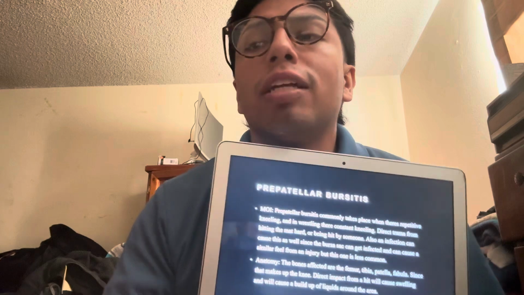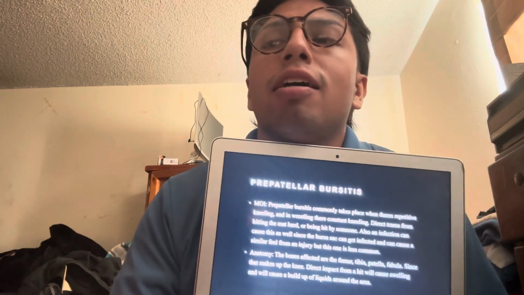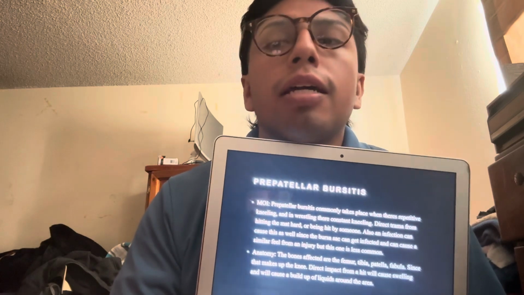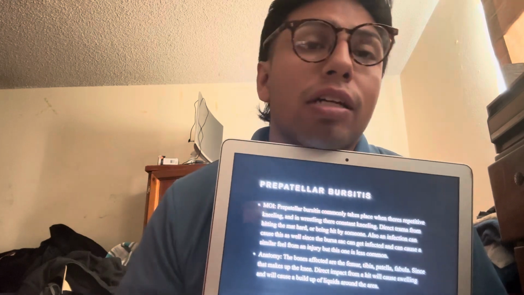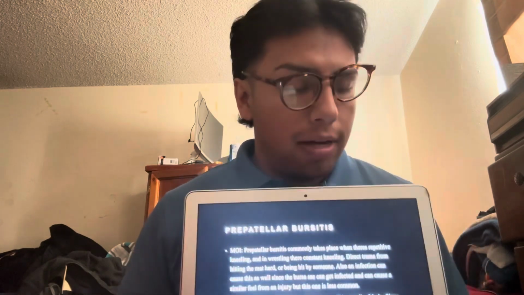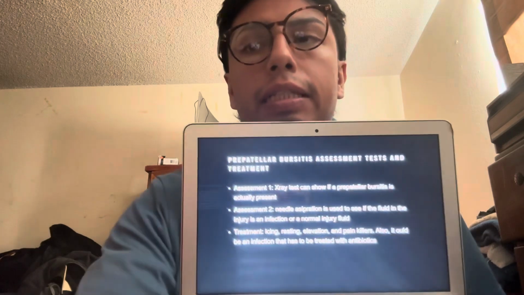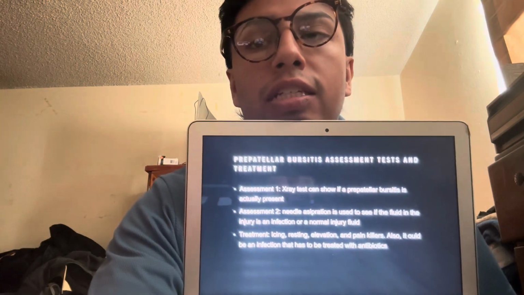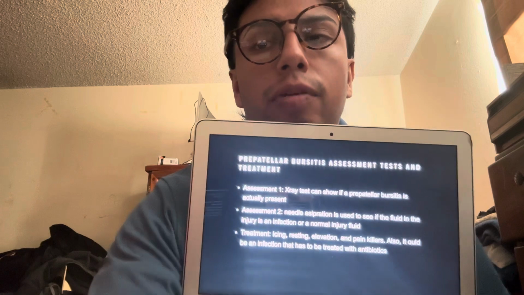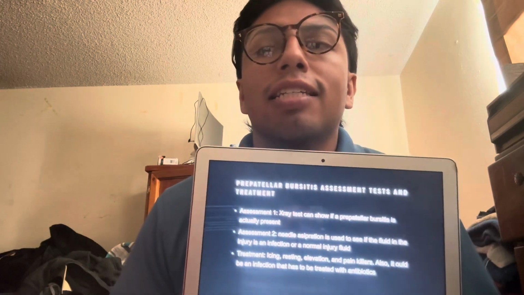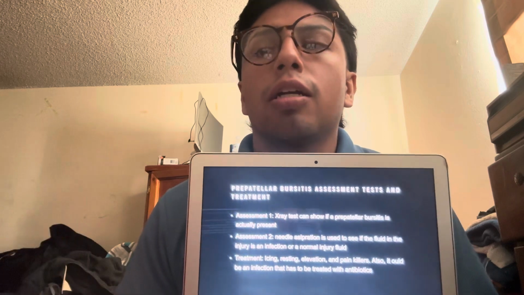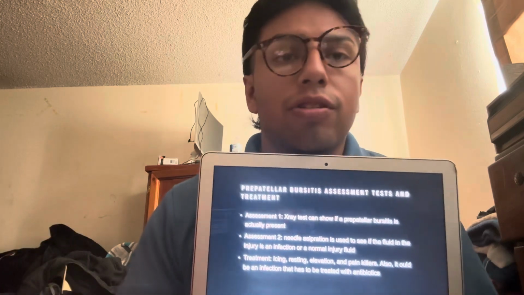Okay, the bones affected are the femur, tibia, patella, and fibula, since these make up the knee. Direct impact from a hit will cause swelling and will cause a buildup of liquids around the area over time. The assessments for patellar bursitis and treatment would be an X-ray, which can show if patellar bursitis is actually present, so get an X-ray.